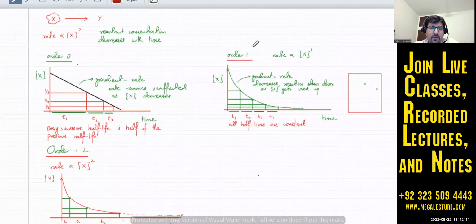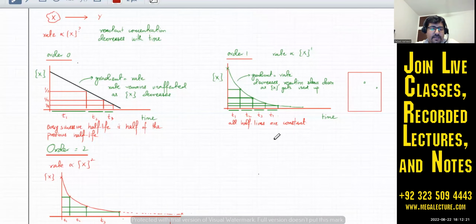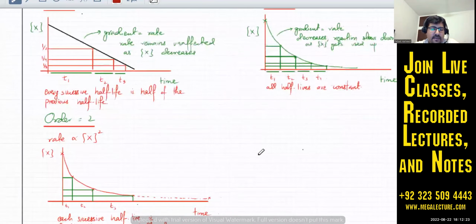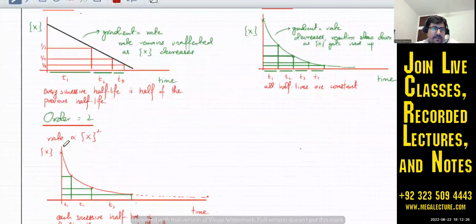The second one is order 1, where if the reactant concentration decreases, the reaction slows down proportionally. In that case, half-life is constant. And then you have order 2, where every time the concentration of the reactant decreases, the reaction takes a much longer time to finish. That's order 2. So, half-life method, okay?